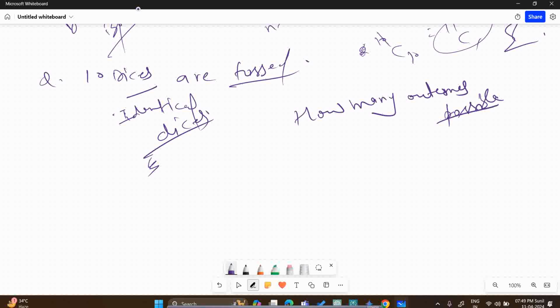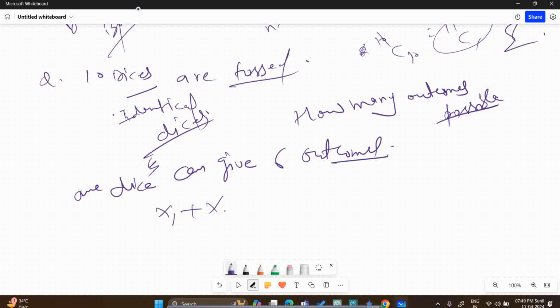How many identical? One die can give six outcomes, right? So what we are saying is: the number of ones plus twos plus threes plus fours plus fives plus sixes should be equal to 10 only, right?